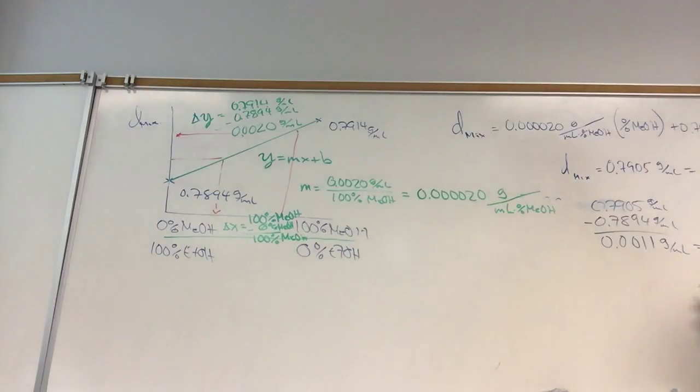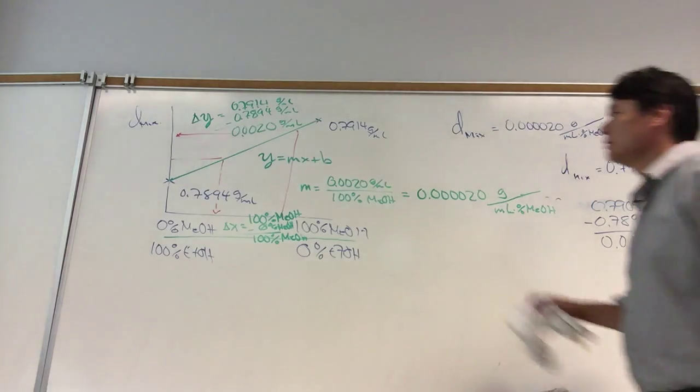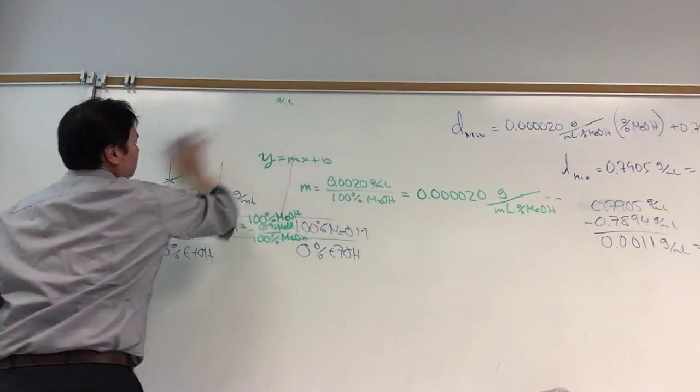This is going to equal 0.000020 grams per milliliter per percent methanol times the percent methanol. After doing the subtraction, how many sig figs do we have? 2. And then we're going to divide by the slope. If we divide by the slope, I'll just go ahead and write it up here.